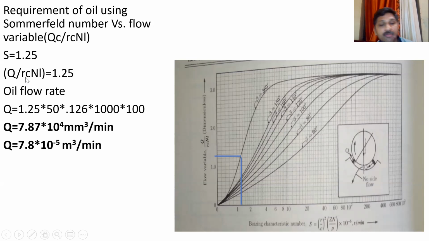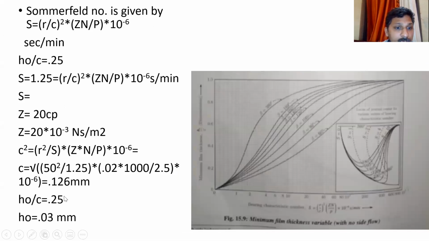We know the radius of the journal, that is 50 mm. We know the radial clearance that we calculated in the previous step, that is C comes out 0.126.